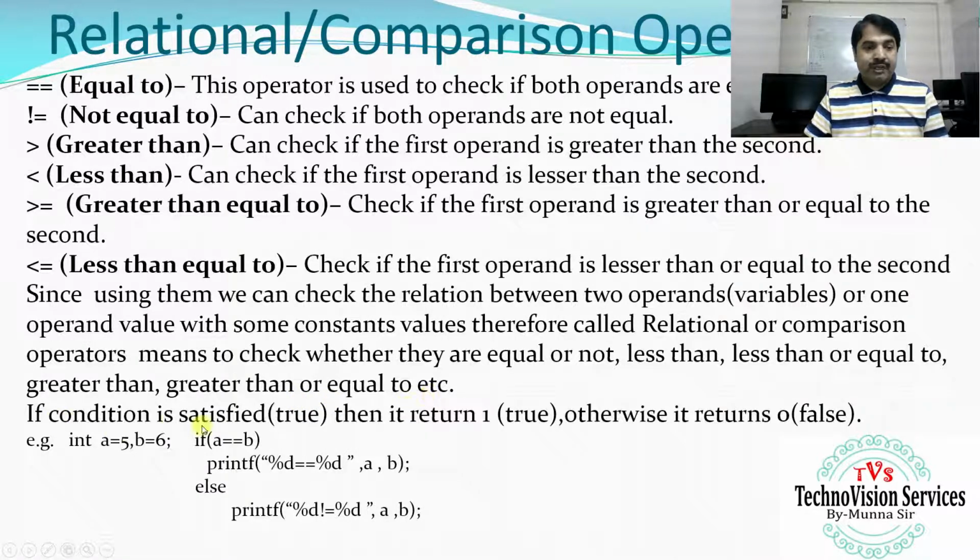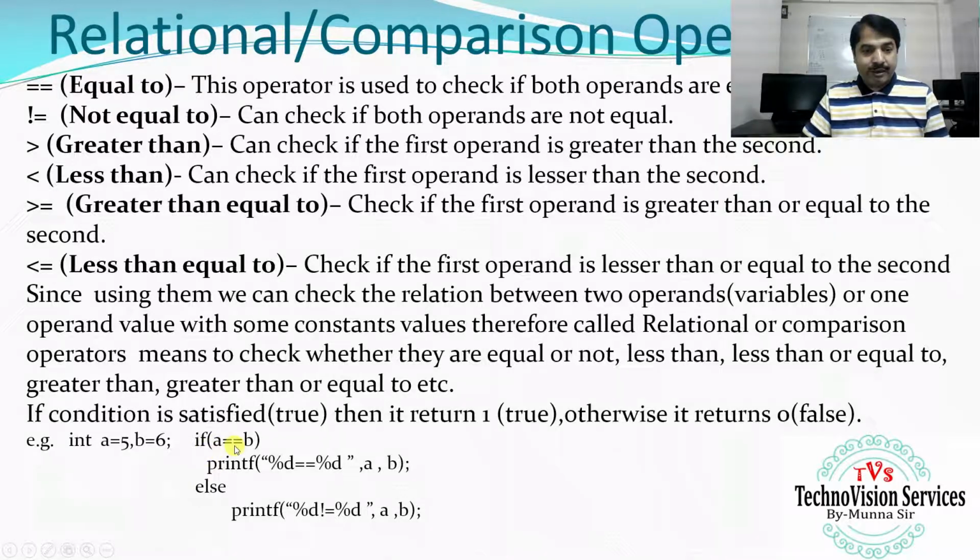If the condition is satisfied, meaning true, then it will return 1. One means true. Otherwise, it will return 0. Zero means false. For example, we see here int a equals 5, b equals 6. Now we are comparing through an if-else statement; we will see a practical example later, but to make the concept clear we have used this one.